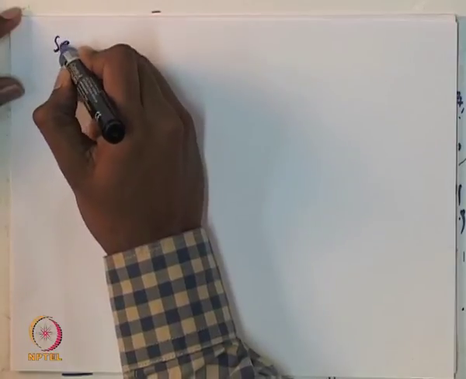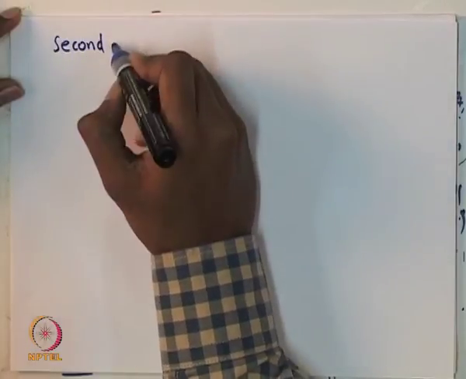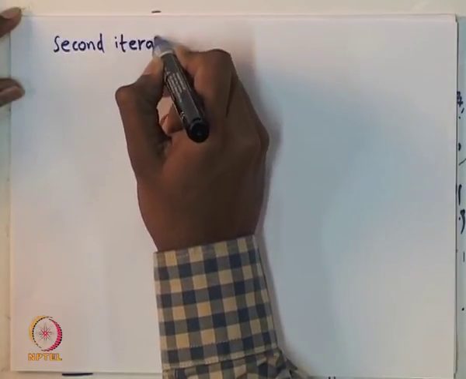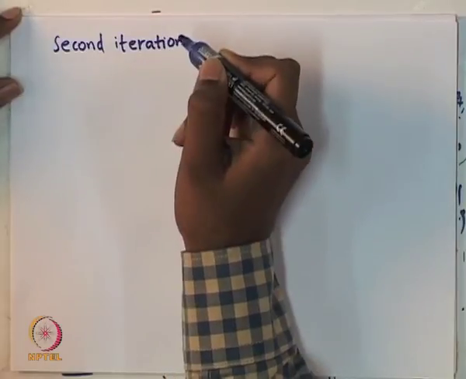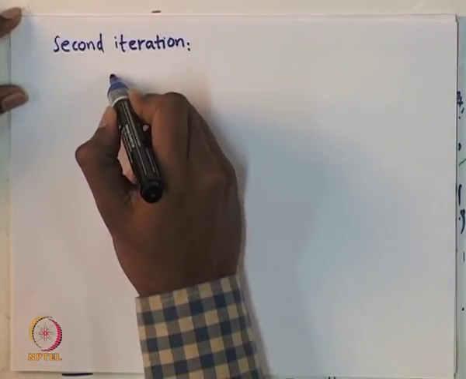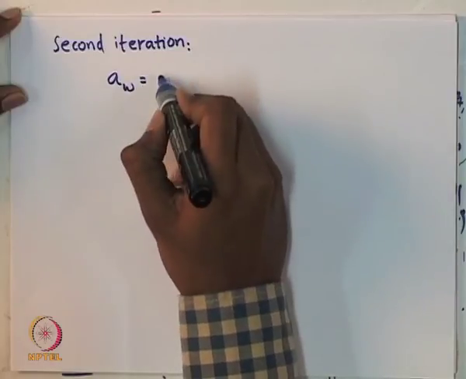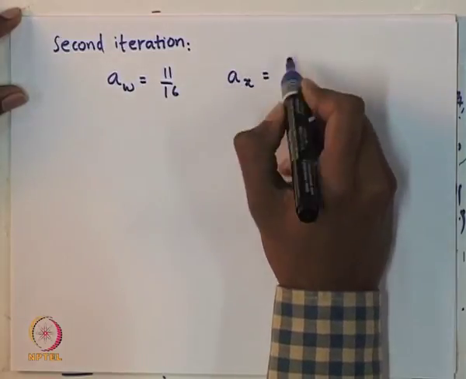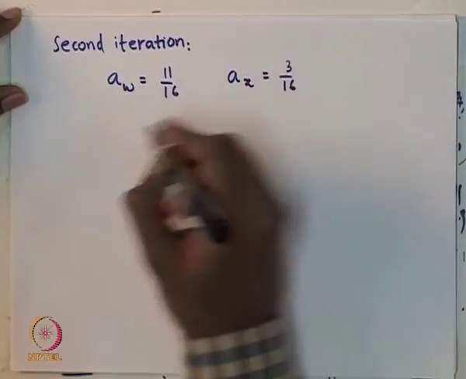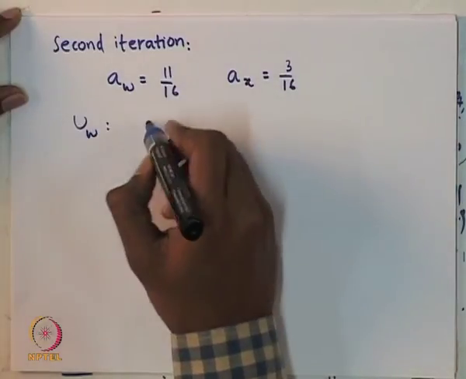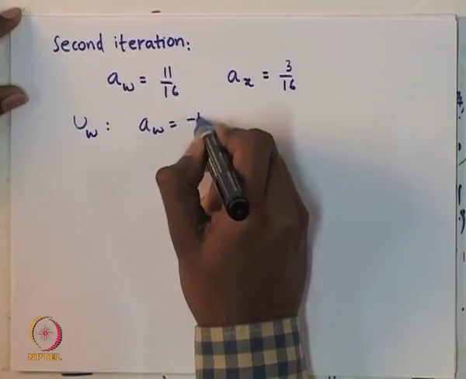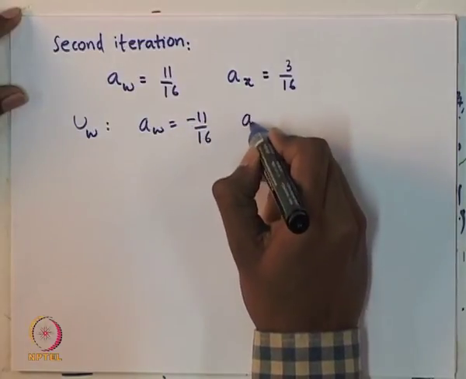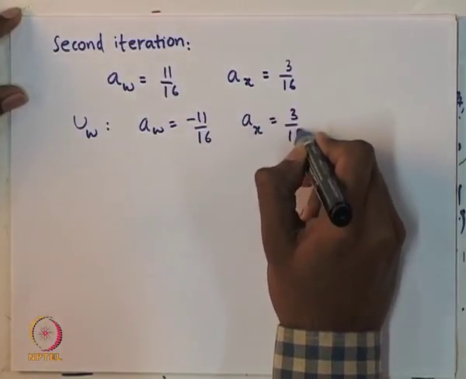Now going to the second iteration. At the end of the first iteration, we have AW as 11 by 16 and AX as 3 by 16. So after applying UW, we have AW as minus 11 by 16 and AX as 3 divided by 16.